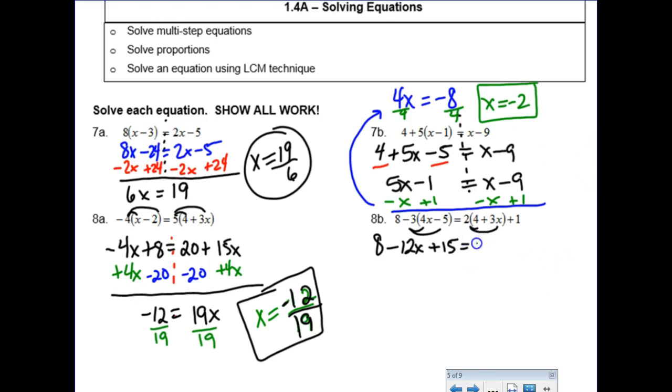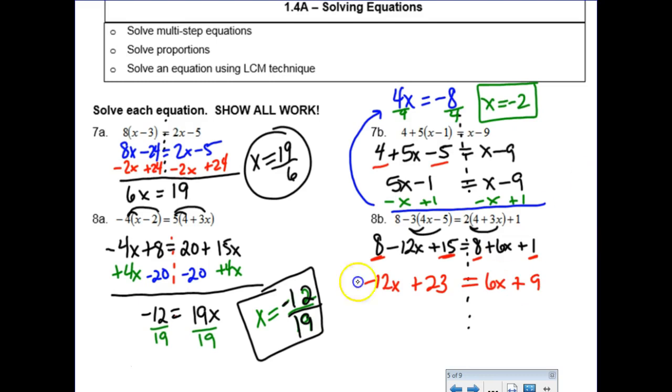Come on, pen. All right, 8 plus 6x, and then there's still a plus 1. So negative 12x is just staying where it's at, but we do need to combine the positive 8 and the positive 15, so that's a positive 23. And then combining our 8 and 1 over here, we still have a 6x, but now it's plus a 9.